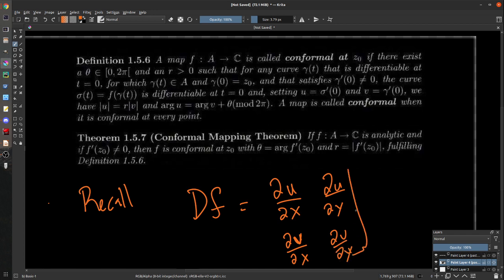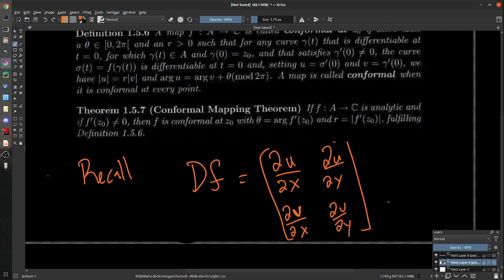Partial y. Oh, my pen apparently is jinking out on me right there. All right. Oh, okay. There we go. Yeah, so recall that the Jacobian, or matrix of partial derivatives of a function, here where we have f of z equal to u of z plus i v of z, right?